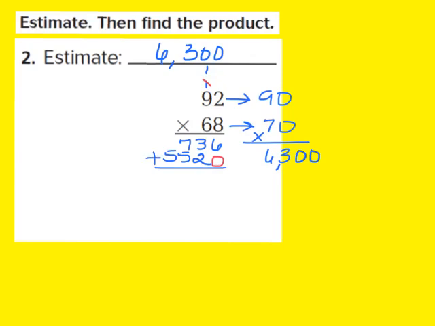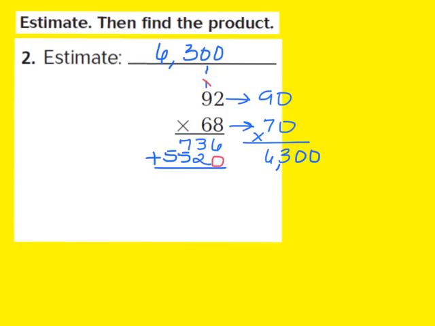Now, my next step is I have to add the partial products. So that means 736 is one partial product, and 5,520 is a second partial product, and I'm going to add those two together.